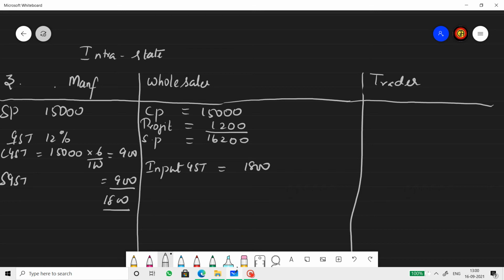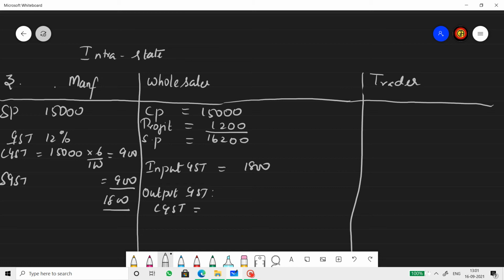Now let's get into the wholesaler's picture. The wholesaler sold the goods for 16,200 to the trader, right? Now the selling price we already know as 16,200. Let's find the output GST here. To find output GST, I need to find CGST and SGST separately.